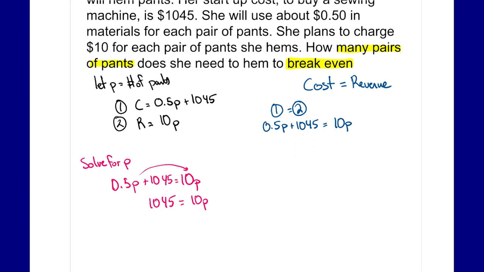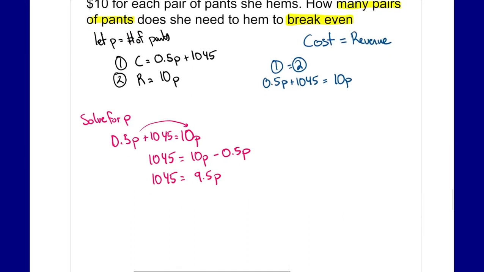That 0.5P goes from a plus to a minus on the other side. We get 1,045 equals 9.5p. I want to get p by itself, so I'm going to divide both sides by 9.5. One side is going to cancel out, and we are left with 110 equals P.